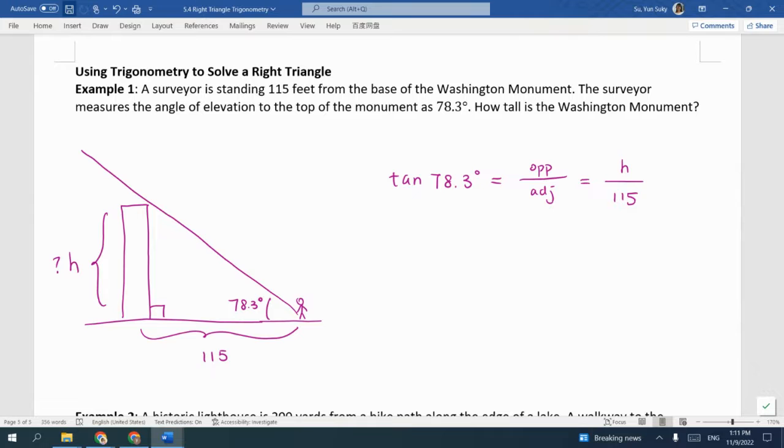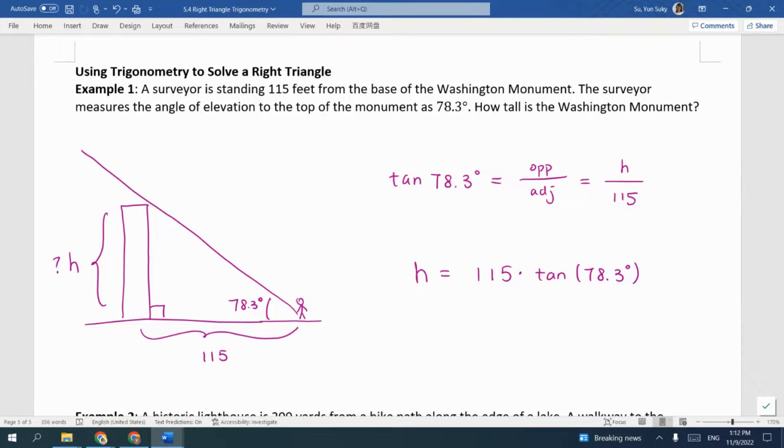What do we do? Multiply by 115. So H equals 115 times the tangent of 78.3 degrees. By the way, sometimes we put parentheses, sometimes we don't put parentheses. They mean the same thing.